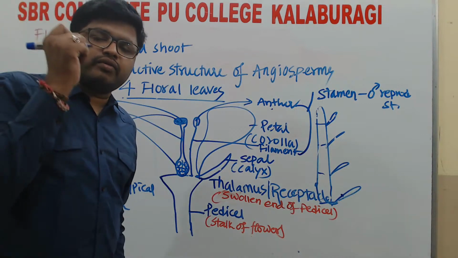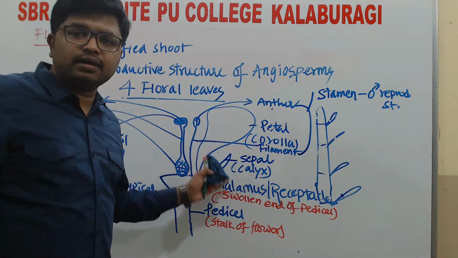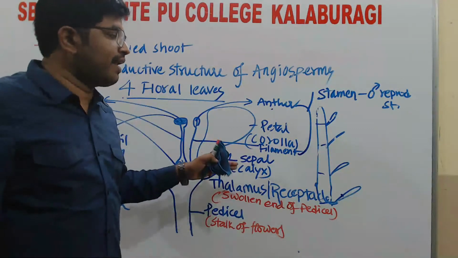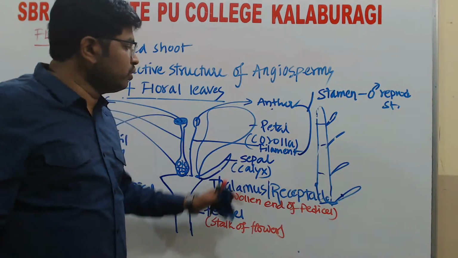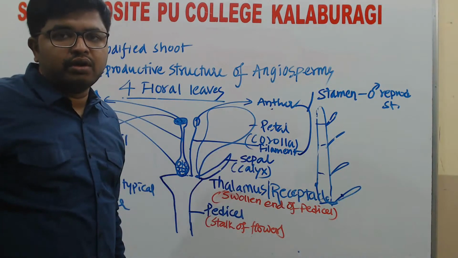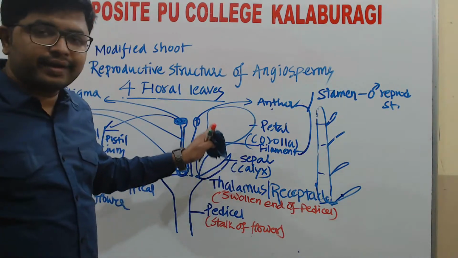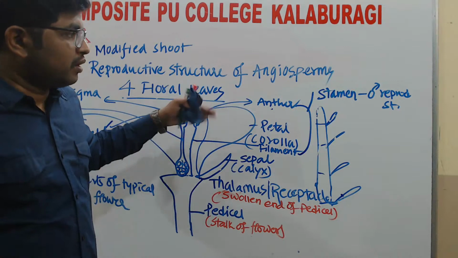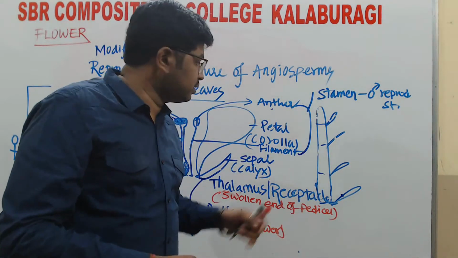When we write a description, we use these technical terms rather than explaining at length. So in the next class, I am going to start the discussion on the various terms.